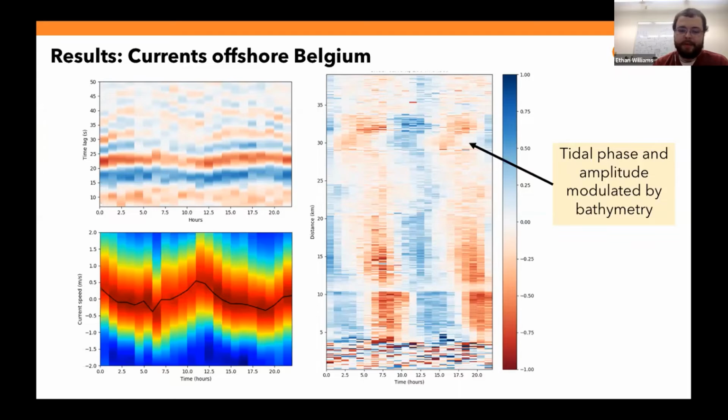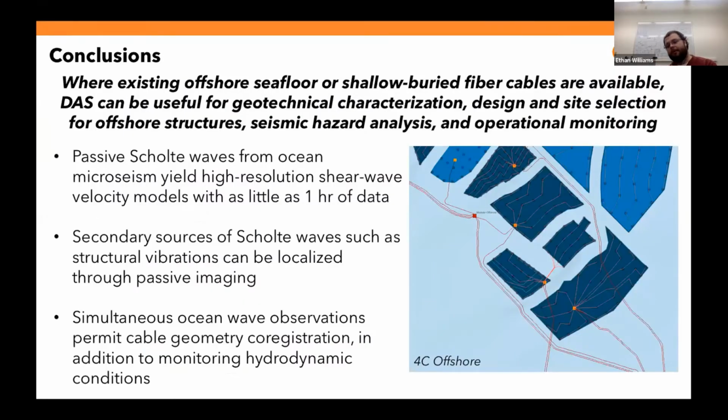So that, of course, would be very useful if you're interested in scour modeling, because you don't have to just rely on an a priori assumption about the currents in your locale. You can use an in situ measurement. And so just to wrap up, here are the conclusions that I've all talked through already. But here's just an example of the generalizability. These yellow lines and red lines are all individual cables that contain fiber optic elements in this wind farm locale offshore Belgium.